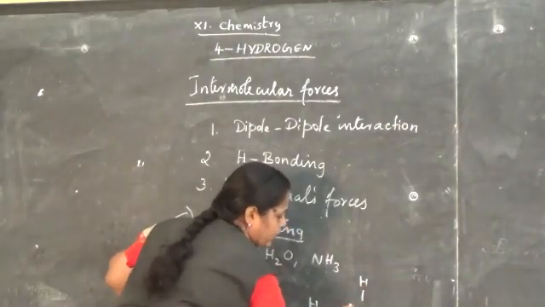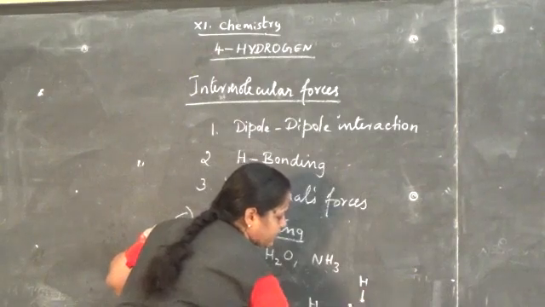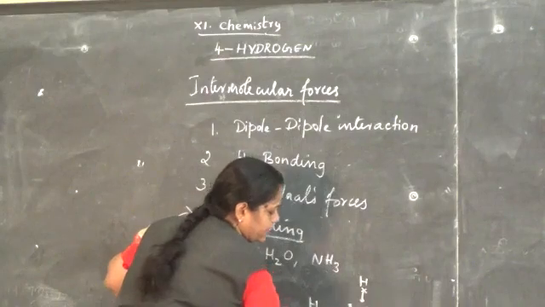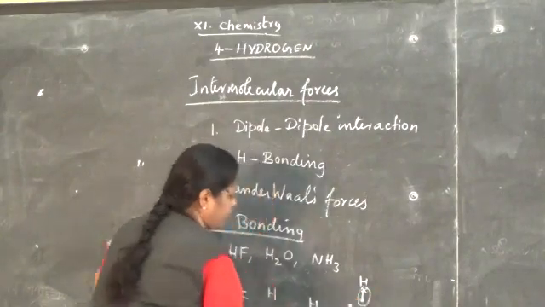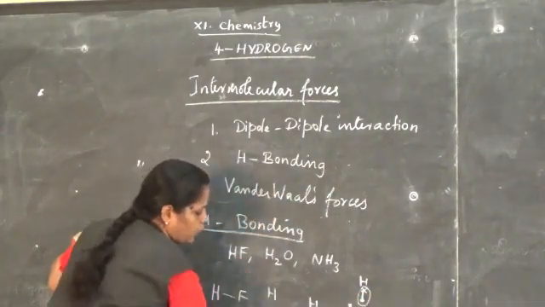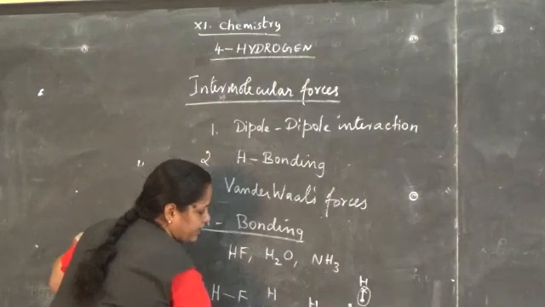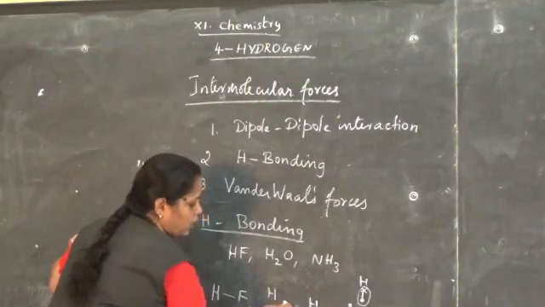Here around nitrogen, 5 electrons are there. In each hydrogen, 1 electron. By sharing of electrons, they form 3 bond pairs, nothing but covalent bonds. Here 2 lone pairs and single electrons around oxygen.